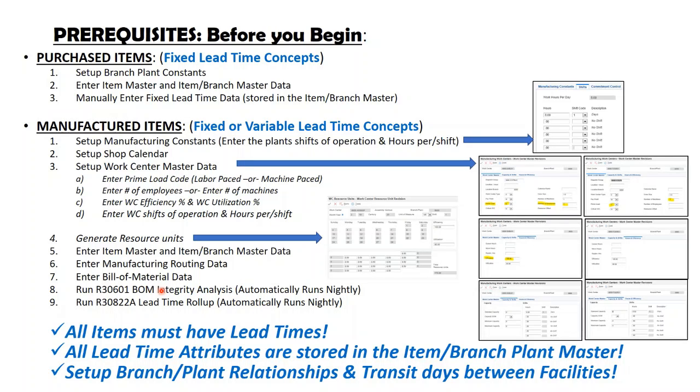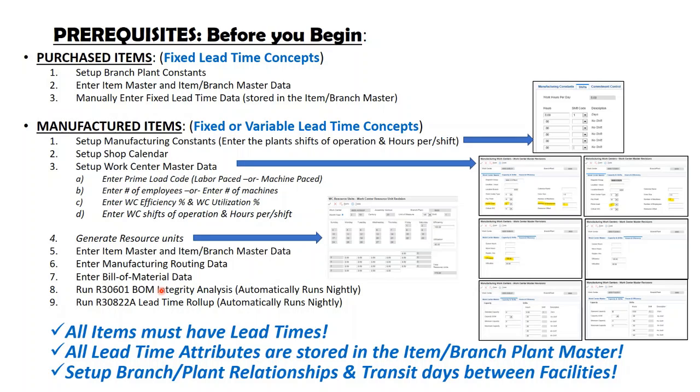This will check our bills of material to make sure we have no recursive situations where a parent is made out of itself. And this usually runs nightly, and it will reset all of the low-level codes in the bill of material that make it a multi-level indented bill of material.